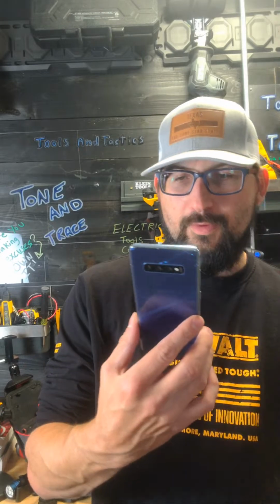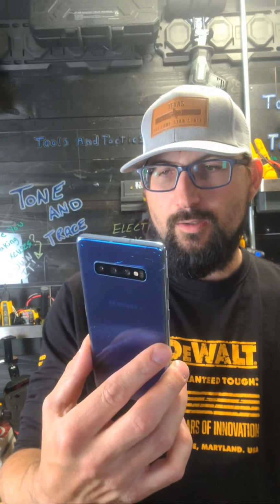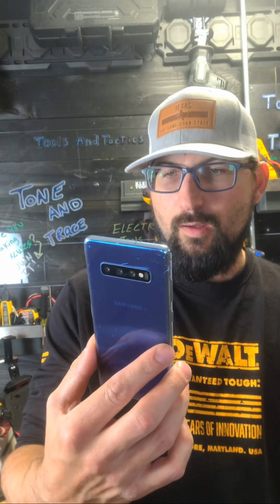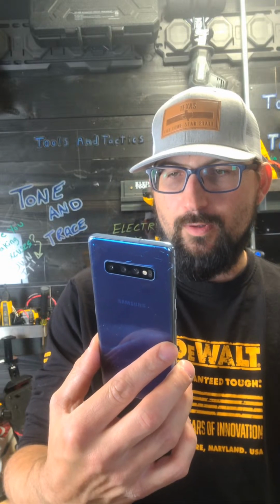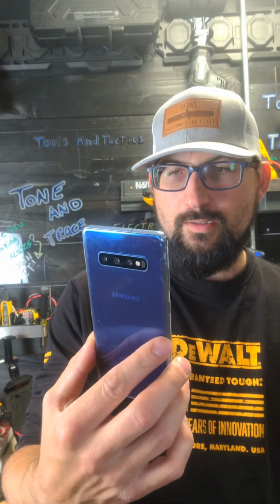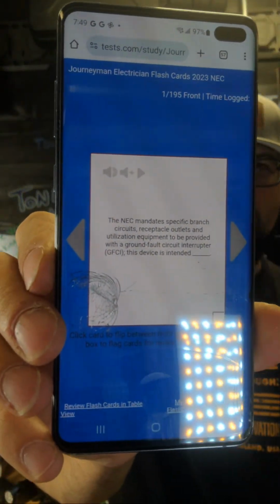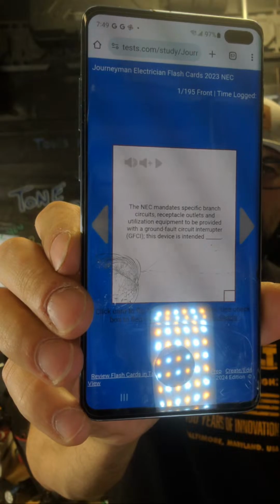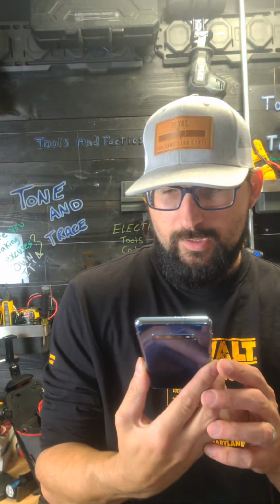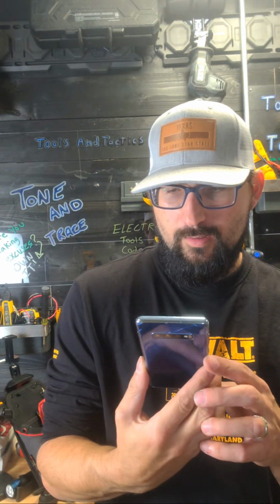NEC mandates specific branch circuits, receptacles, outlets, and utilization equipment to be provided with a ground fault circuit interrupter when this device is intended. There's your question.